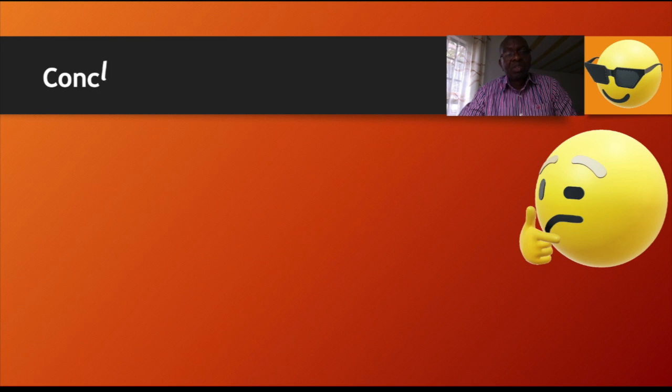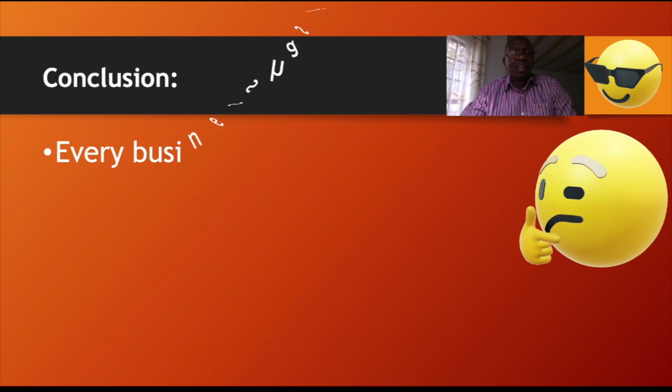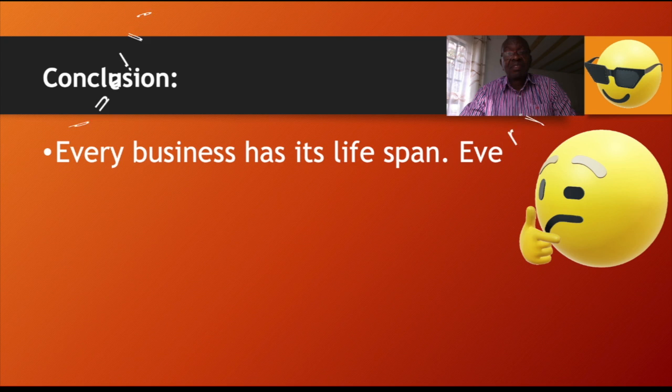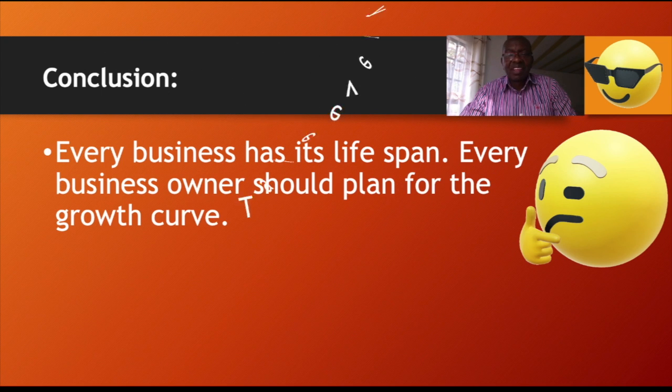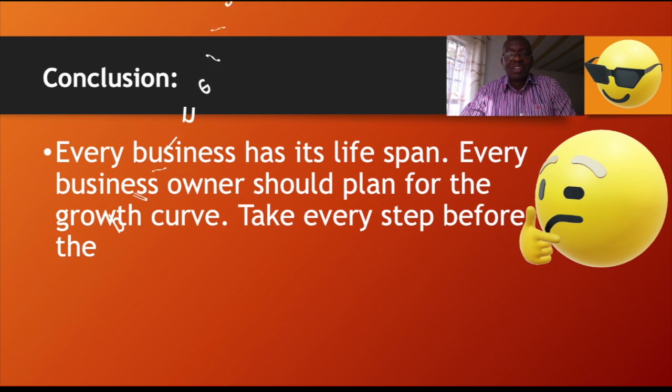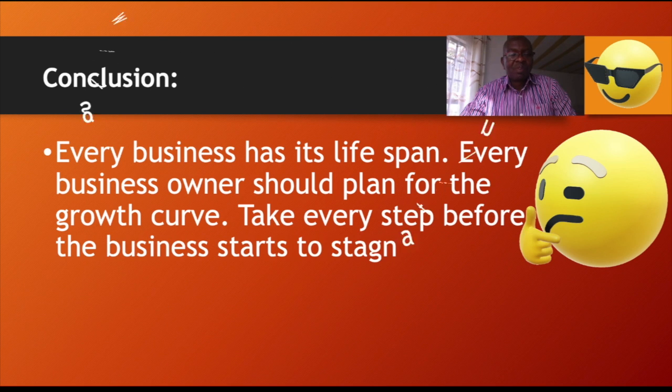So the conclusion here is every business has its lifespan. Every business owner should plan for the growth curve. Take every step before the business starts to stagnate in growth.